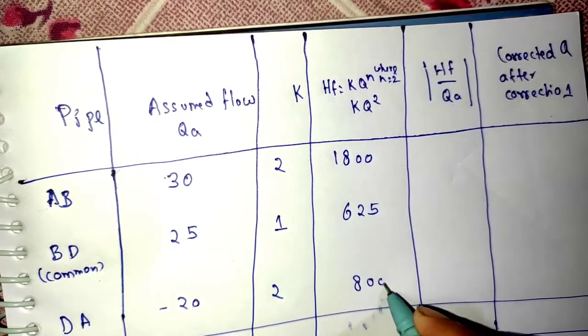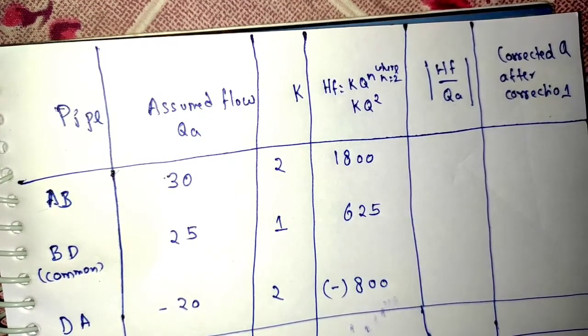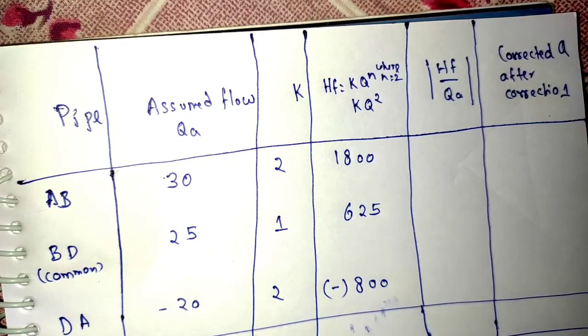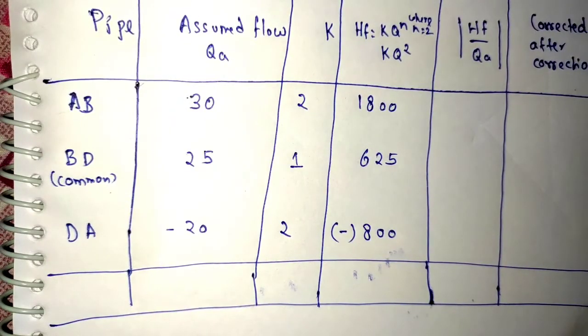So we will write 800 here and write minus in the bracket to indicate that this is a negative HF value. So now our formula set is, in the numerator we had sigma HF, and that sigma HF is the actual sigma HF, not the absolute sum, right?